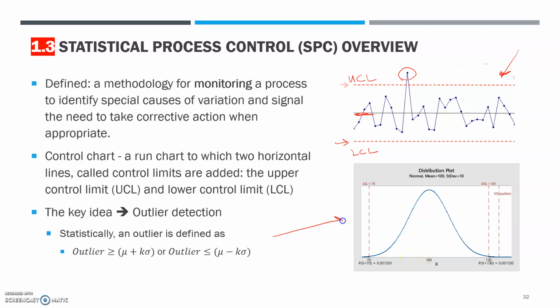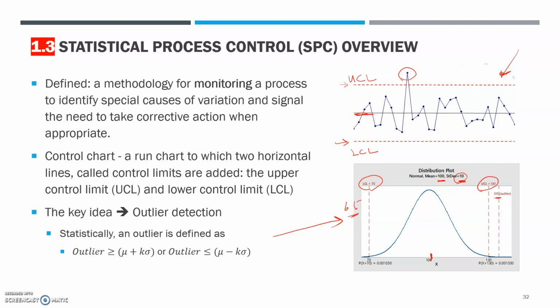If you look at this particular distribution with an average of 100 and a standard deviation of 10, and you plot the 3 standard deviation range before and after the average, 70 is the lower control limit and 130 is the upper control limit. Anything falling outside of these two numbers will be considered an outlier, meaning there is very little chance to see things this large or this small, given the inherent variability.